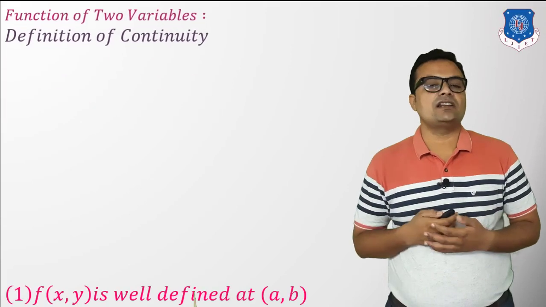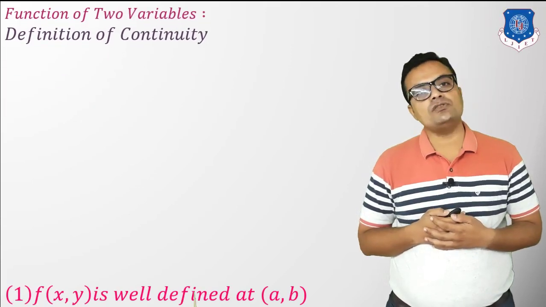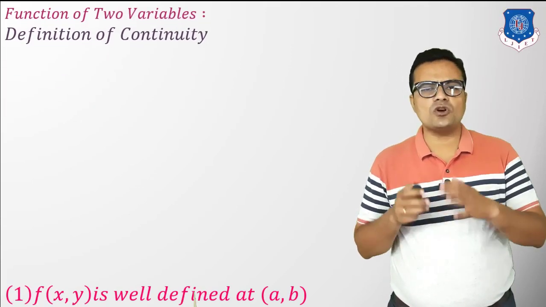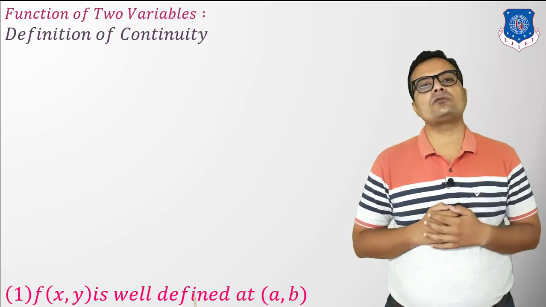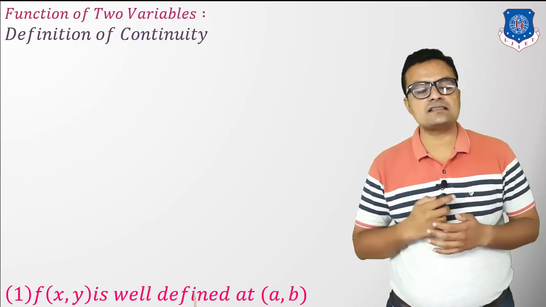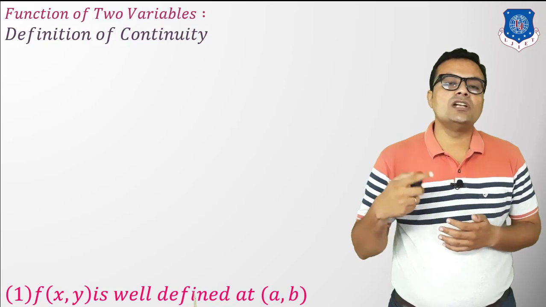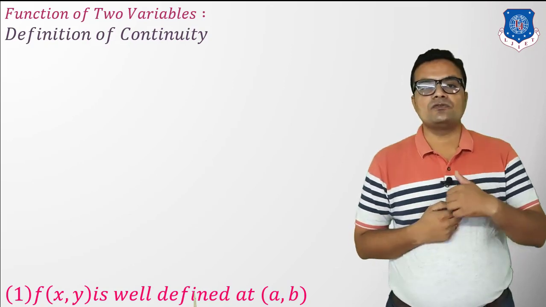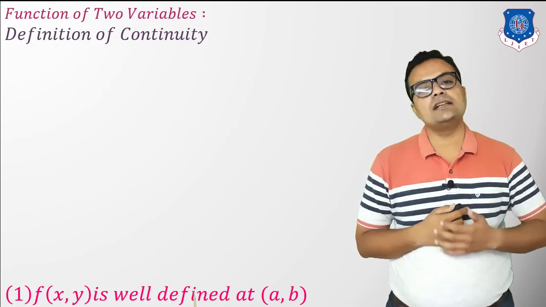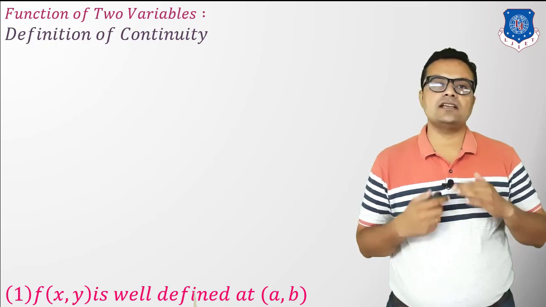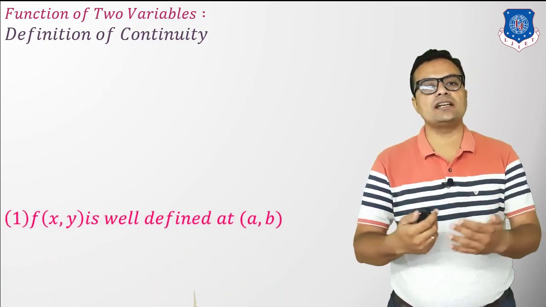Now after this we can define continuity for a function of two variables also, which is almost parallel to continuity for a function of one variable. The only change is that here the definition of limit is generalized. In a function of one variable we defined limit using only two paths. Here we are defining limit using infinitely many paths.